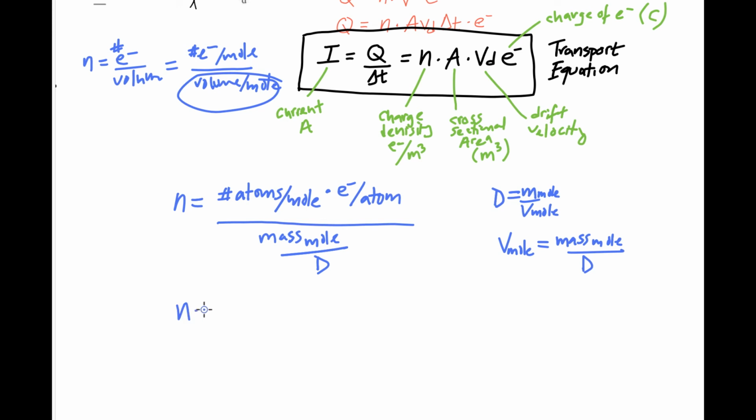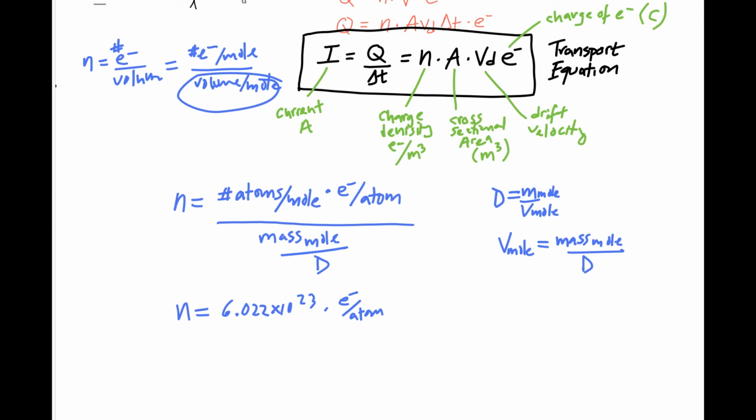So let's again remember our chemistry. How many atoms are there per mole? Well, that's Avogadro's number, 6.022 times 10 to the 23rd. The number of electrons per atom, I'm just going to leave as electrons per atom, but sometimes in the problem it'll just say that there is one free electron per atom.